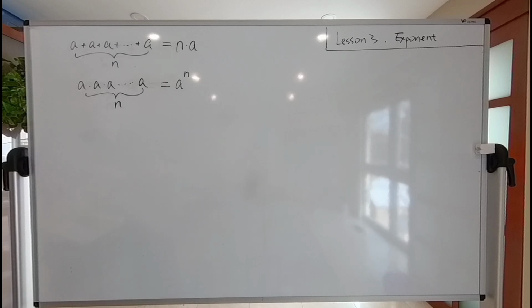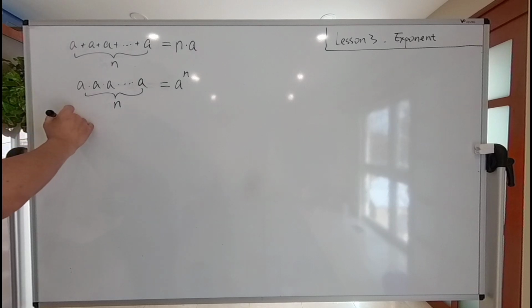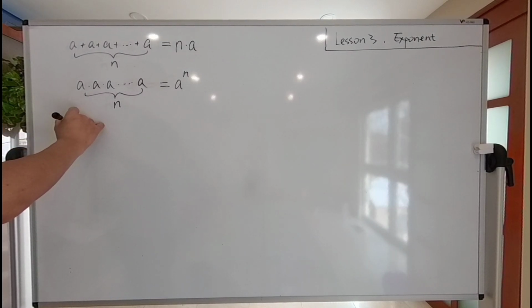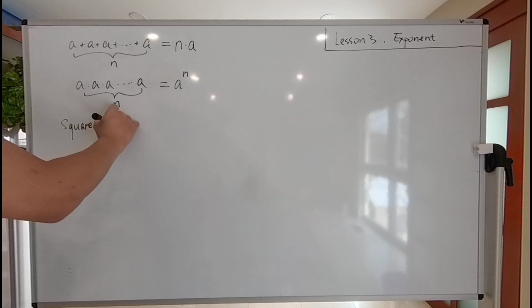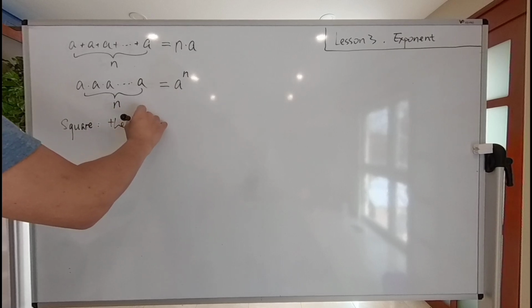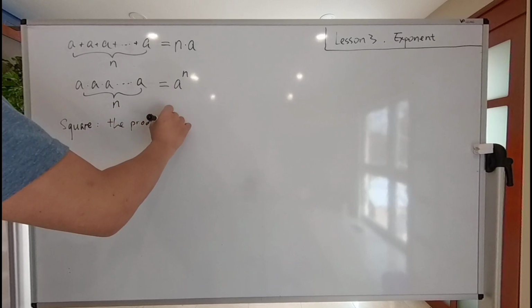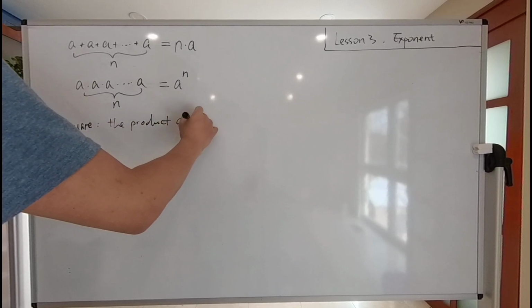As a quick example, let's simplify this first. You probably already heard about square. Square is a special, simplified case of power. Square is the product of a number and itself.